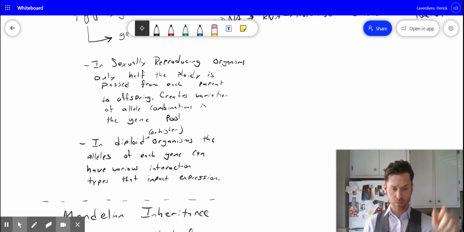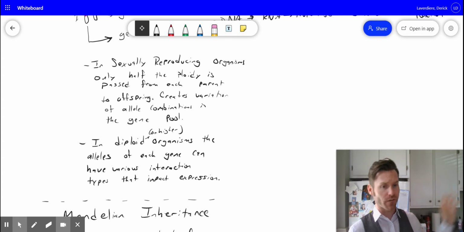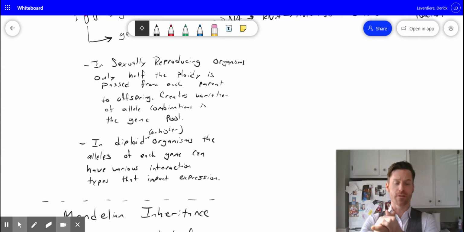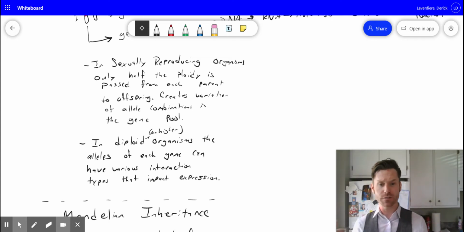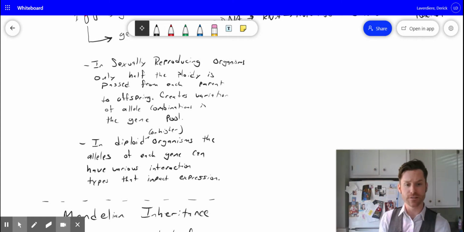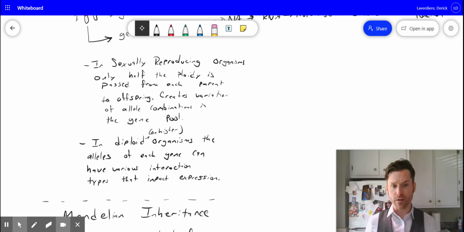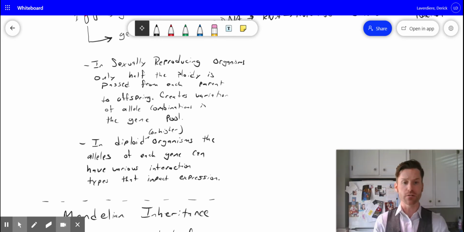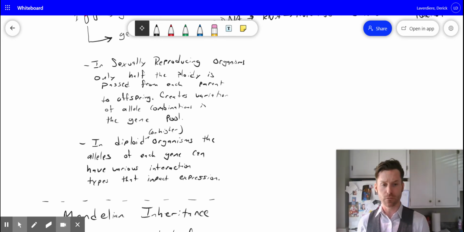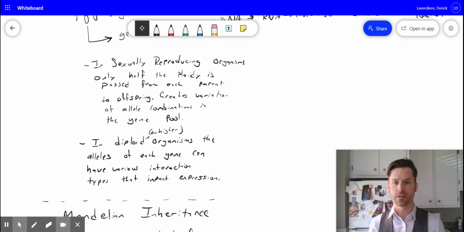So I have 2, I give my baby 1, my wife gave my baby 1, smush them together, the baby has 2, back to being diploid. And so this creates variations of the allele combinations that didn't exist in just me or just my wife. That baby now has a unique composition of allele combos. So there's that variation that sexual reproduction is there for.